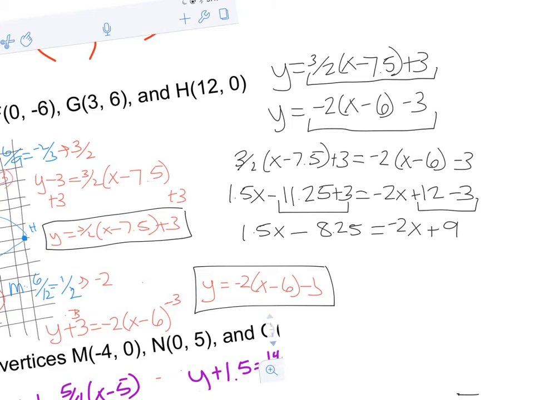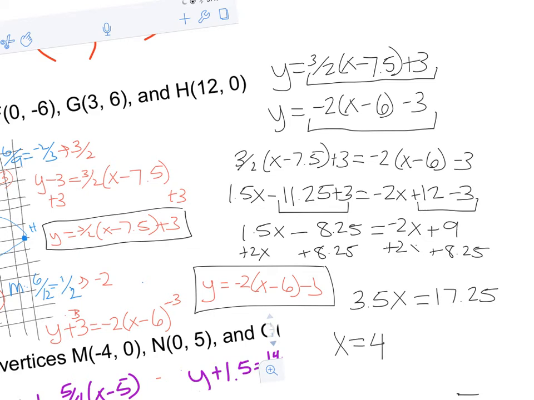I'm going to add 2x here, and add 8.25 in the same step. And I end up with 3.5x equals 17.25. And if I plug 17.25 divided by 3.5 into my calculator, I get that x equals 4, and then some big long decimals.